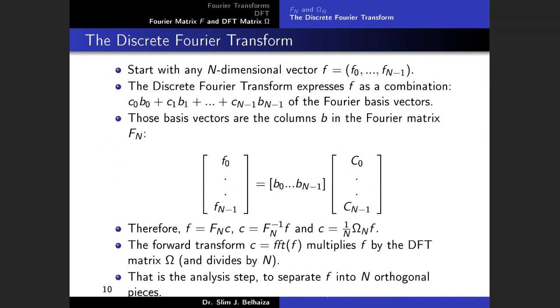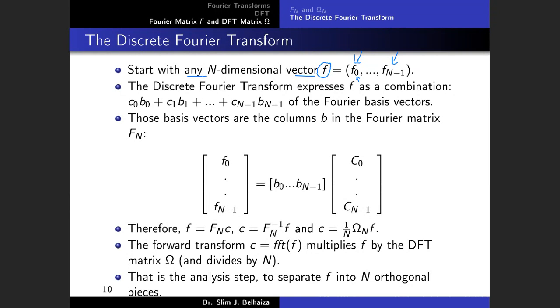Okay, so this is the last slide, which shows an example of how the discrete Fourier transform works. So you start with any n-dimensional vector. Let's say this is the main dish, and we'll continue with this inshallah next time. So you start with any n-dimensional vector f, which has components f0 till fn minus 1, and you see here we are starting from 0, so we have n components.